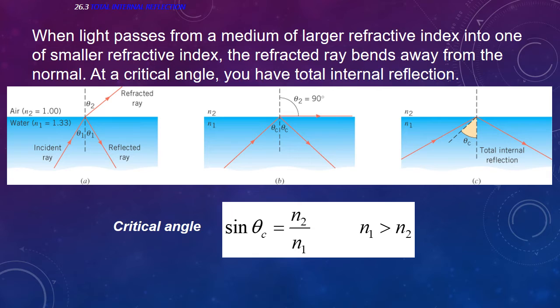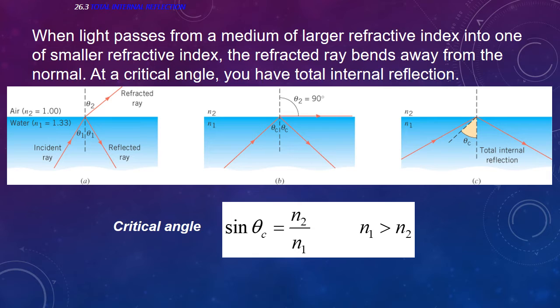When light passes from a medium of larger refractive index into one of smaller refractive index, the ray bends away from the normal, right? So here we pretend the light is back in the water so that we're bending away as we go out into the air. Notice that it bends away. So the refracted ray is always going to be at a greater angle.